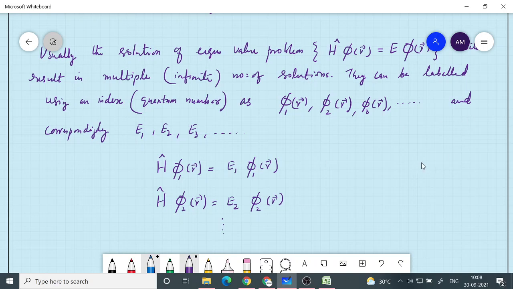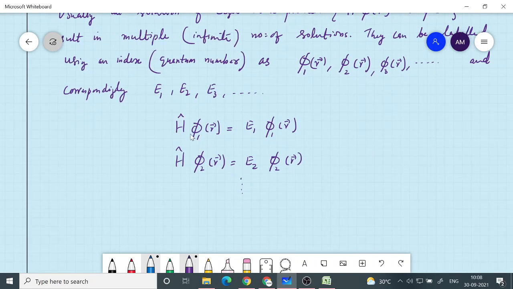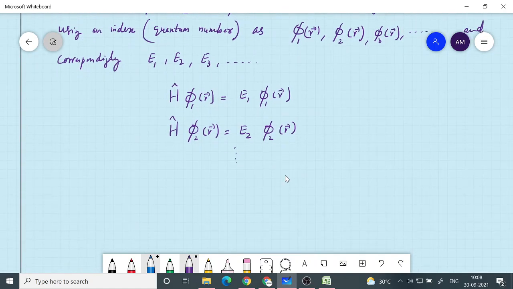And if you look at a dimensional analysis, it's very easy to see that on the left hand side you have an operator corresponding to energy. So the eigenvalue is therefore called the eigenvalue of the Hamiltonian operator. Hamiltonian was total energy.